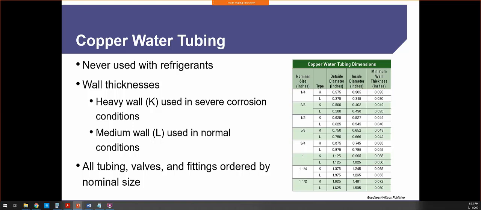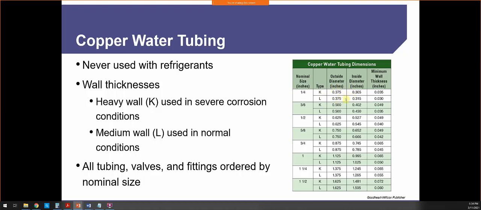All right, so we can look over here. Our nominal size is 1/4 inch. We're talking about the inside diameter in this application. It's not really a 0.25, but it's close, you know, I guess for their standards or whatever the case may be. 0.305 for a type K, and then a 0.315 for a type L. We can see that the outside diameter is the same, the 0.375 for both.